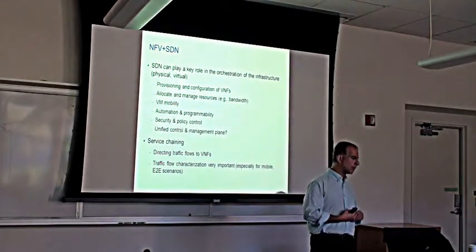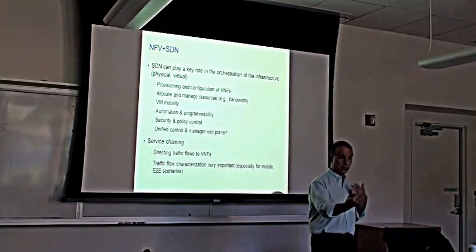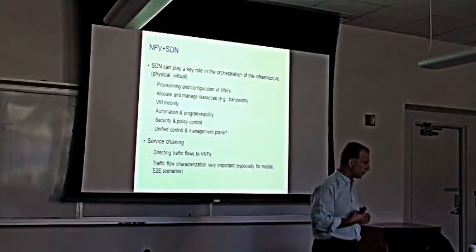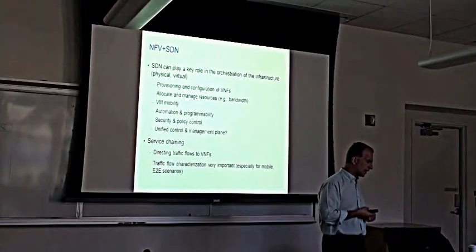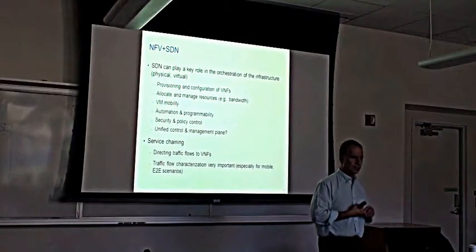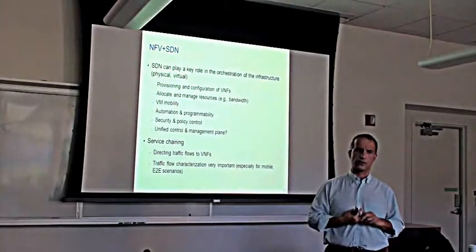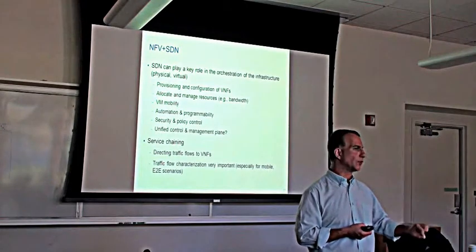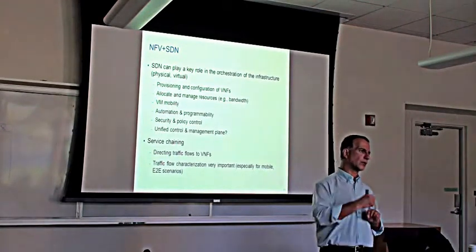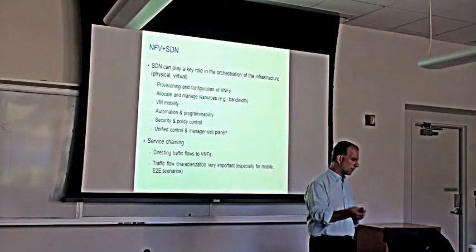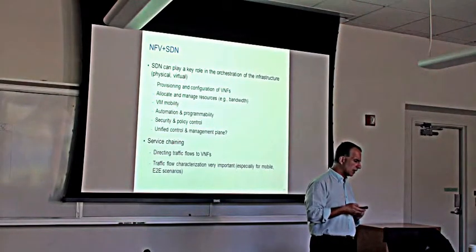If you look at the OpenFlow switches, OpenFlow can be one tool to do this type of traffic steering across the NFV network. The other important thing is being able to characterize traffic flows. So if I know that the flow has originated from a mobile user, that might be important in terms of handling that flow in the network. I think that would be key for us.